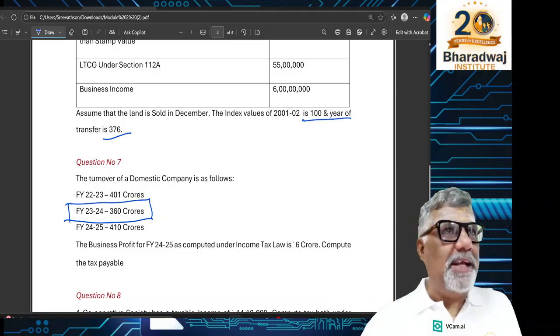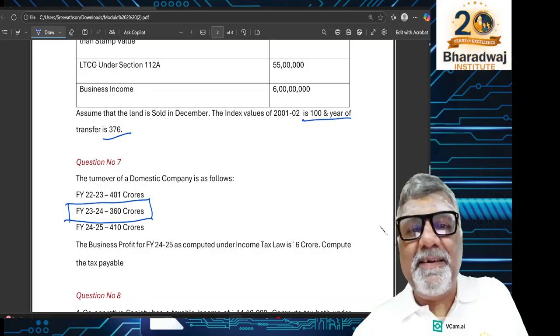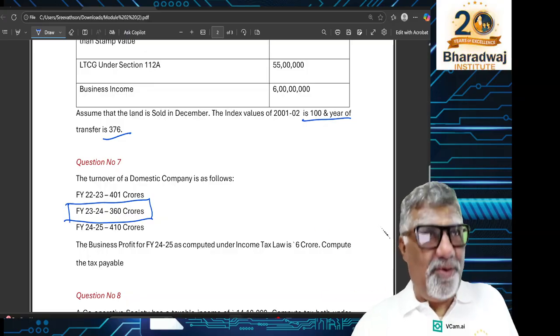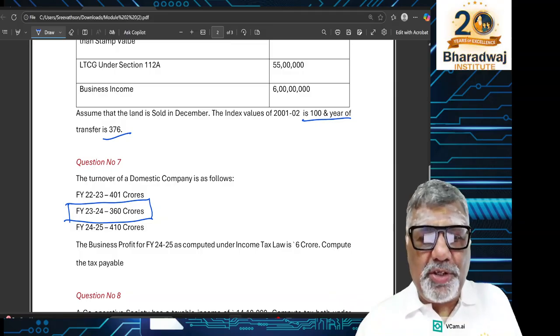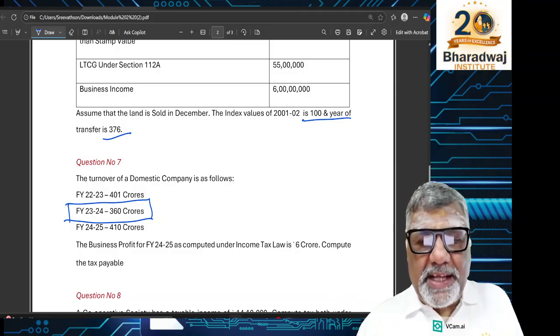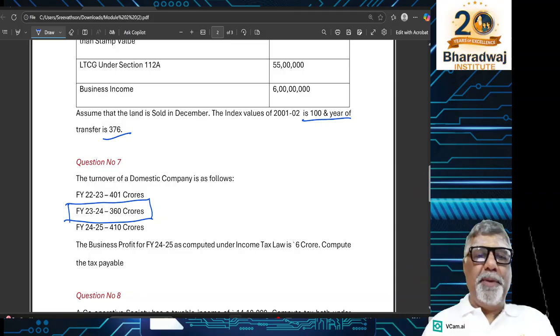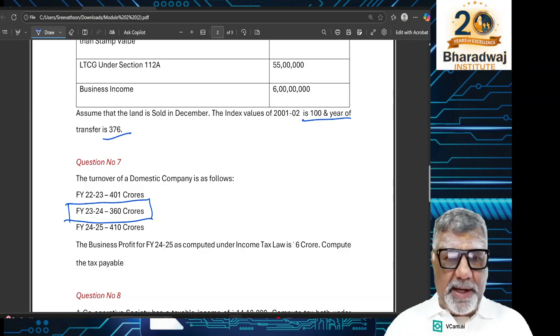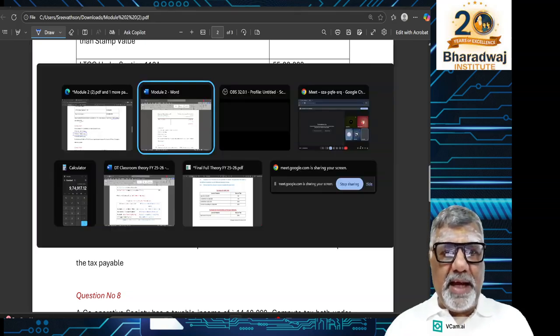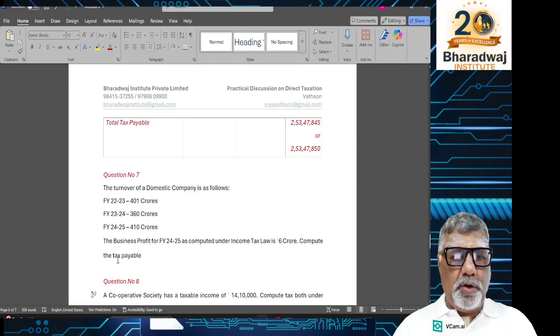Last year it is 410 crores. That is not my concern. The year before is 23-24, less than 400 crores. The business profit is 6 crores. Compute the tax payable. We'll do it under the Finance Act only, because that's why they have given the turnover and all.